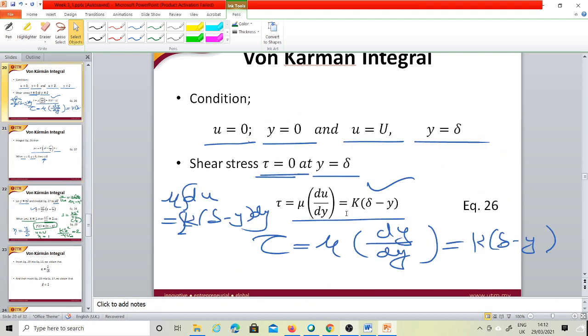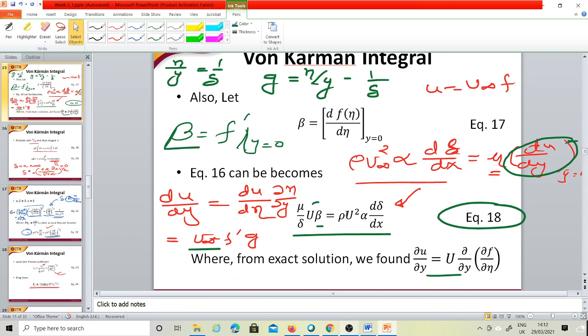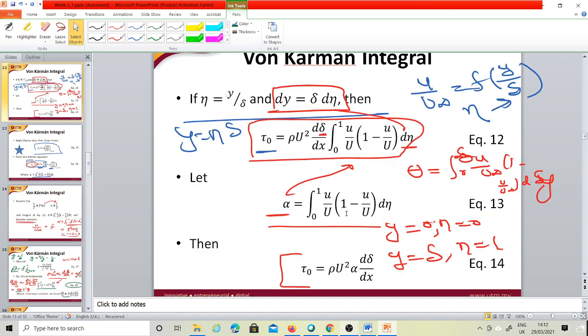Go to equation 13 to calculate the value of alpha. If you substitute this eta, your f, that is u by U, just put the expression: 2 eta minus eta square.